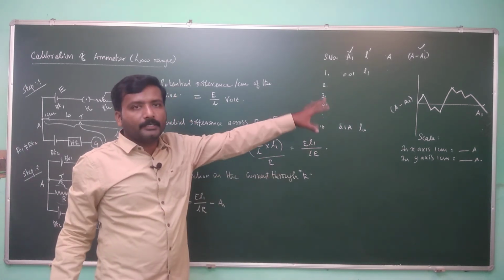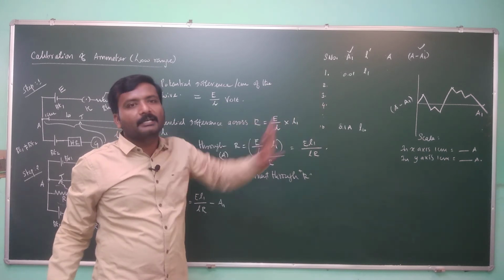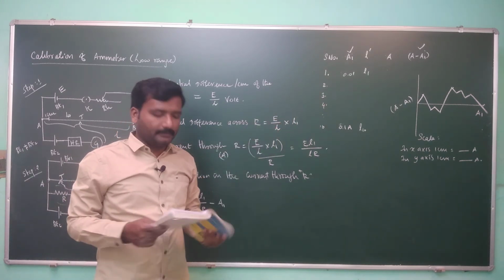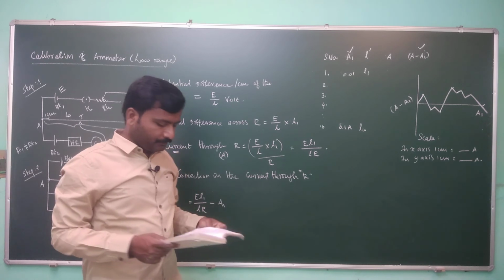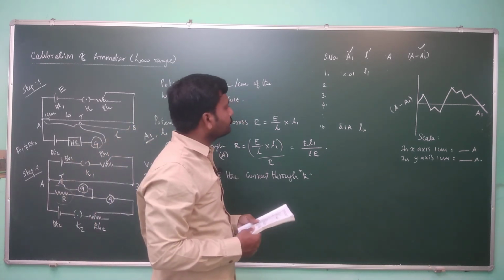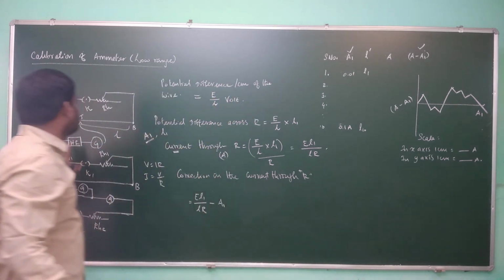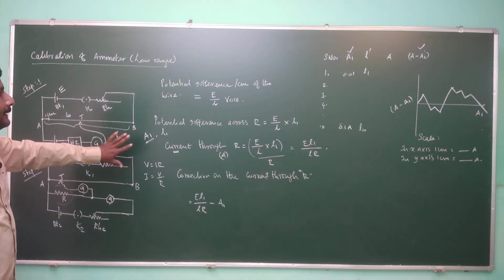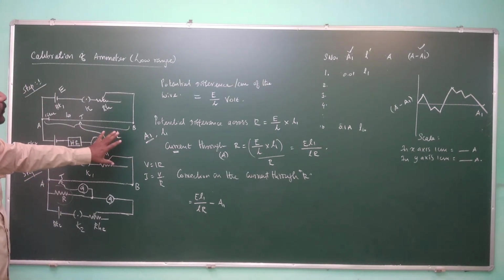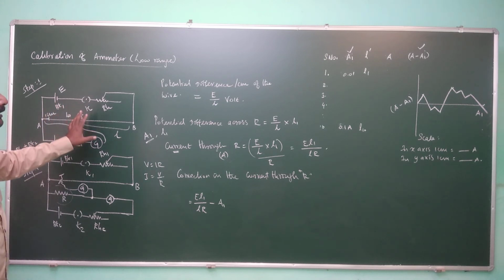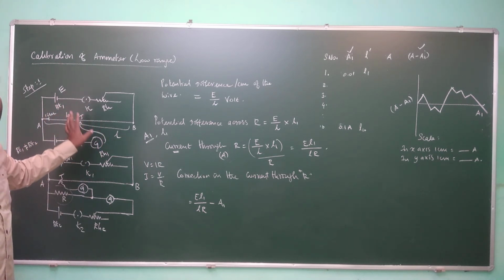That will be understood from this graph. So this is how a given ammeter can be calibrated using the potentiometer.